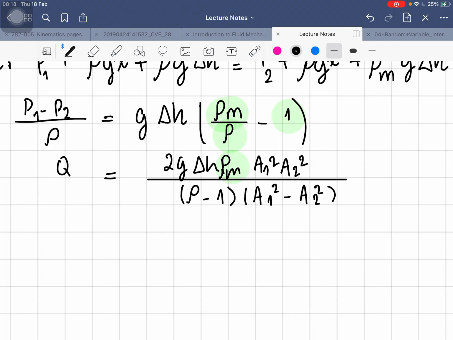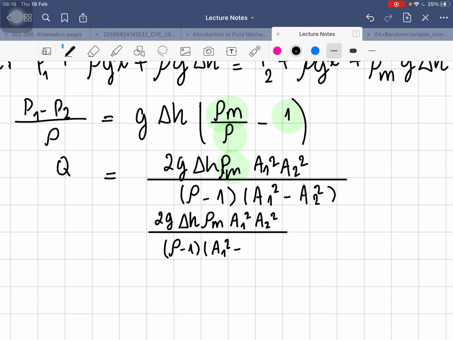After that, okay, so let me rewrite it again, clearer. So it's 2g delta h, density, area 1 square, area 2 square, over density minus 1 and the multiple by the area of 1 square by area 2 square.